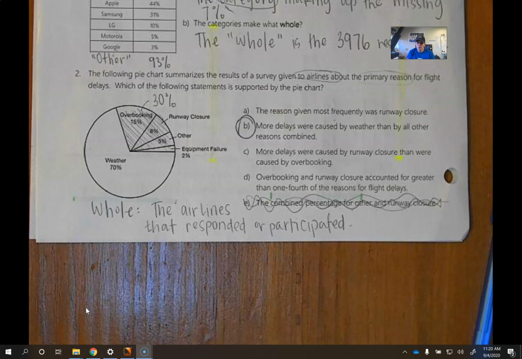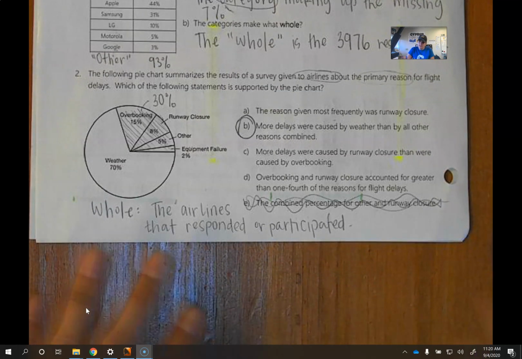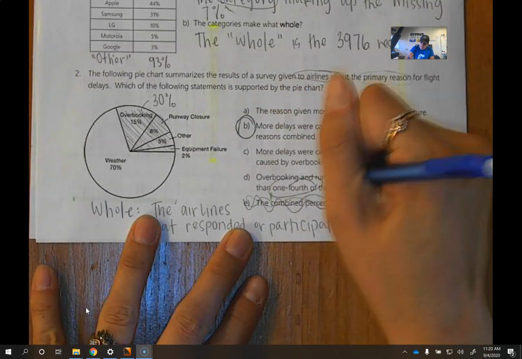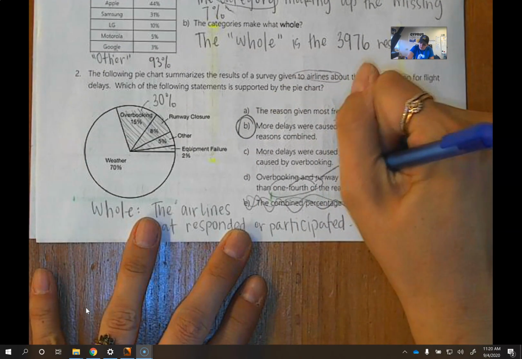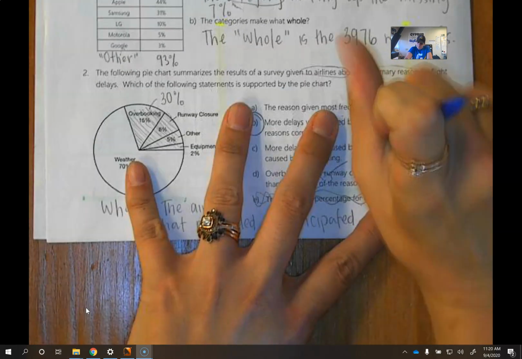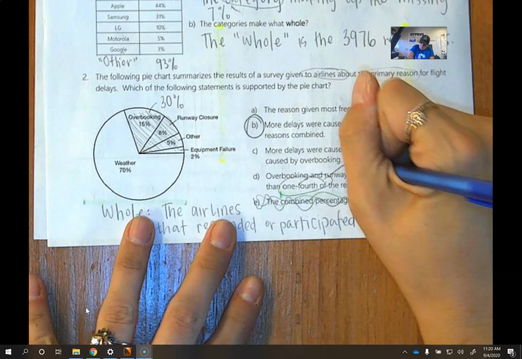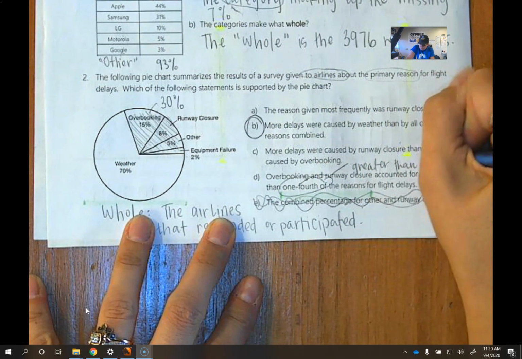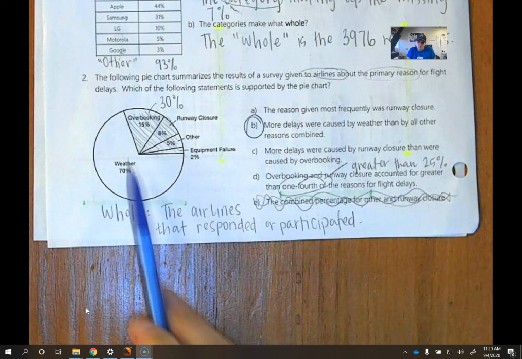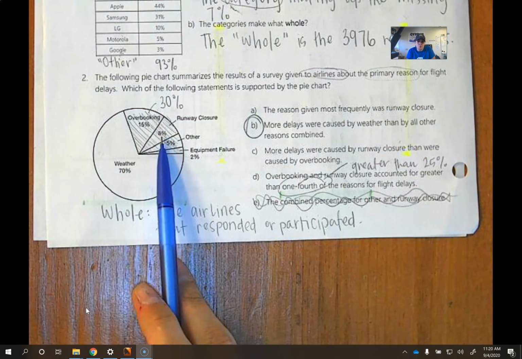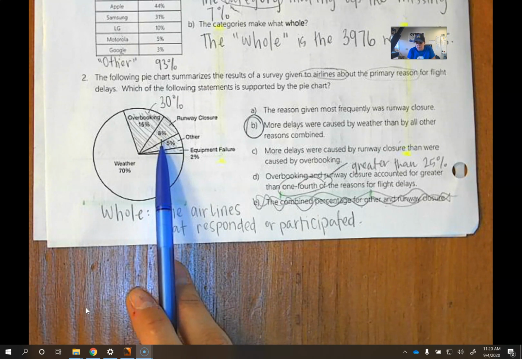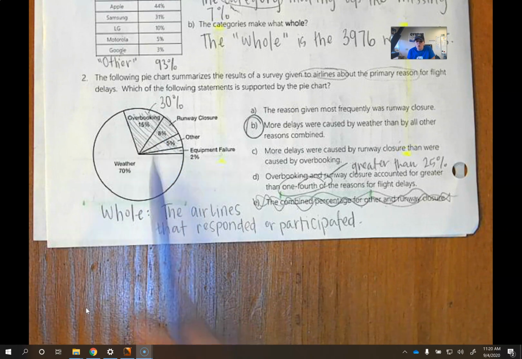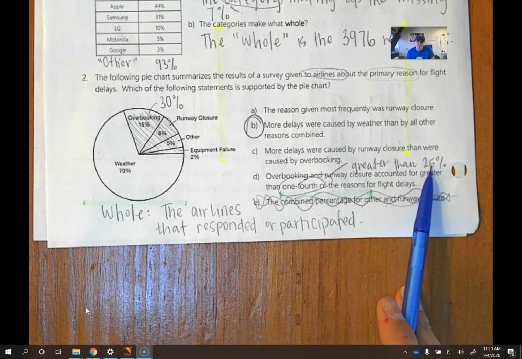So greater than 1/4 would be greater than 25%. Okay, well, overbooking was 15 and runway closure was 8. That equals 23%. So it did not account for more than 1/4 of the reasons for flight delays.